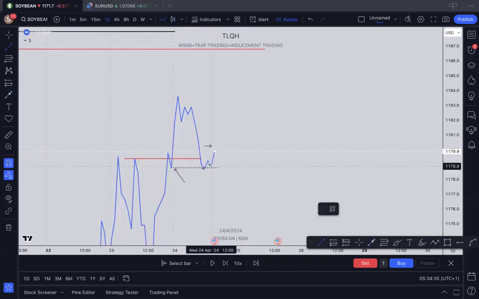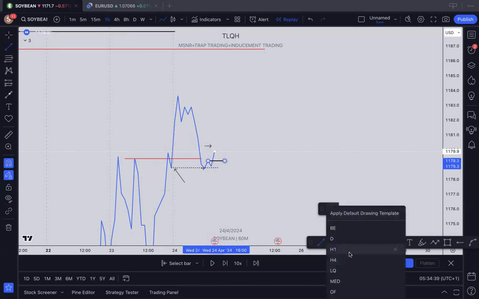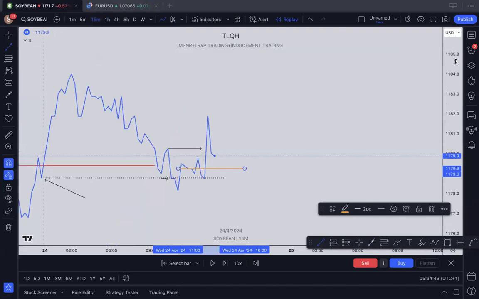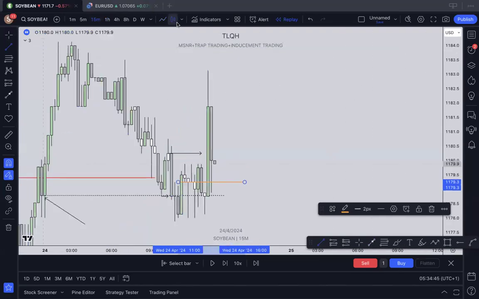Okay, so we have this H1 level right here, H1. And then from here, where's our next level? It would be this level here, the flip while we had that QM.